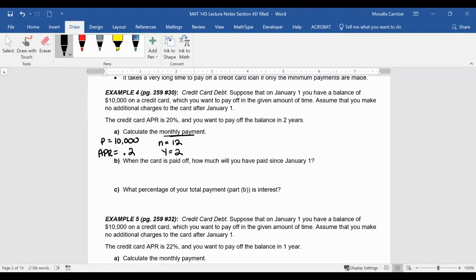So put it in my equation. I have my payment. This would be my principal times my APR, which is 0.2, divided by my n, all over 1 minus 1 plus my 0.2 divided by 12, raised to the negative 12 times 2.